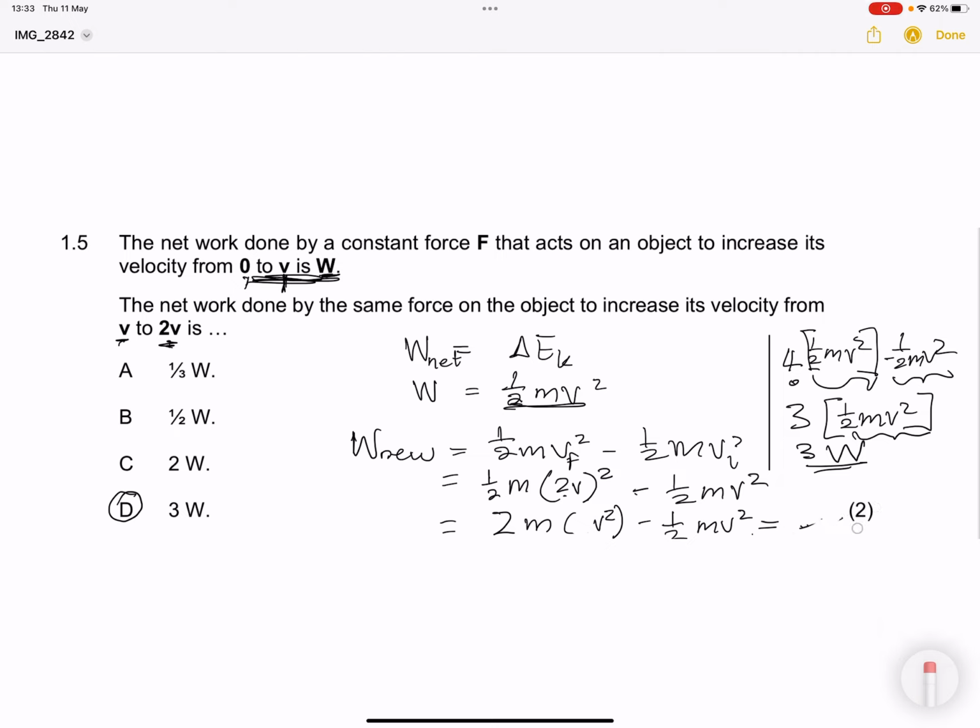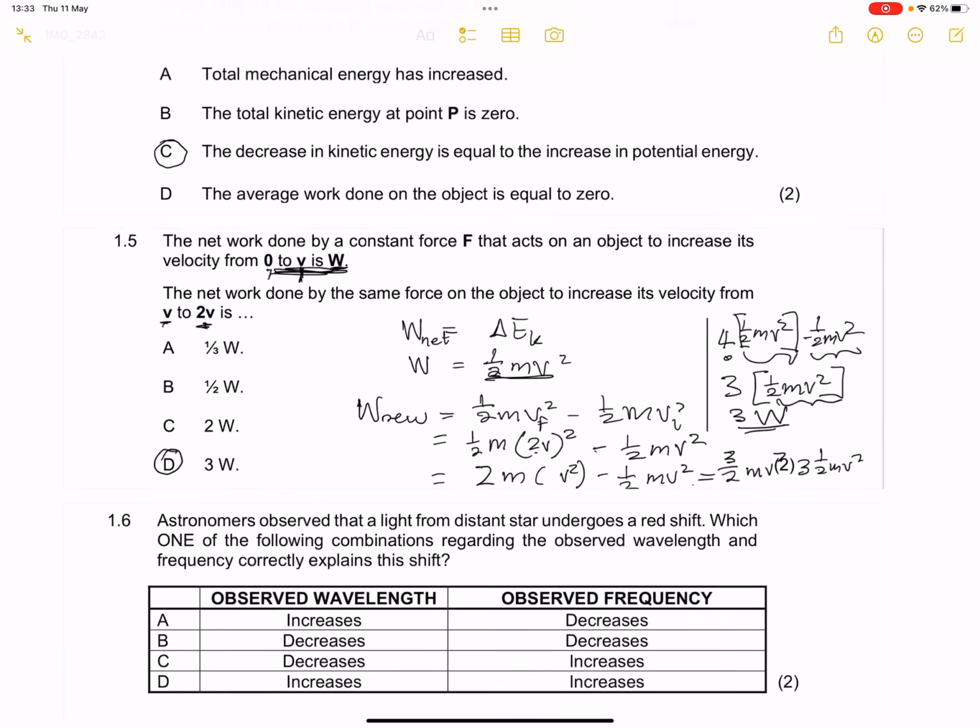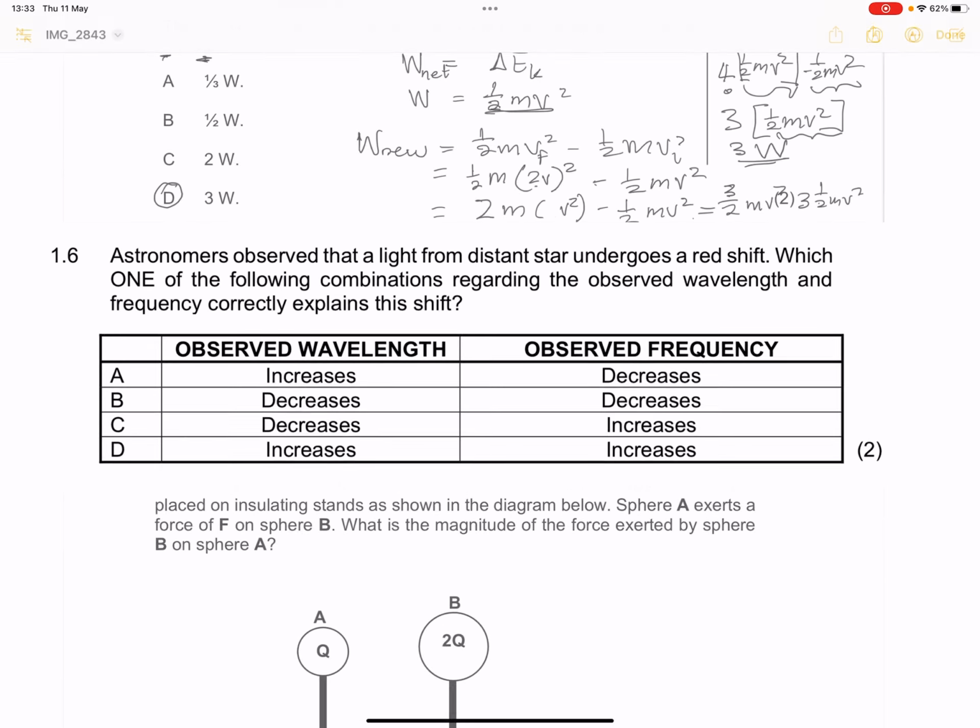So if you take 3 over 2 mv squared, this is the same as saying 3 times a half mv squared. I hope that makes sense. You'd still get to the same answer. Right, so the next question.